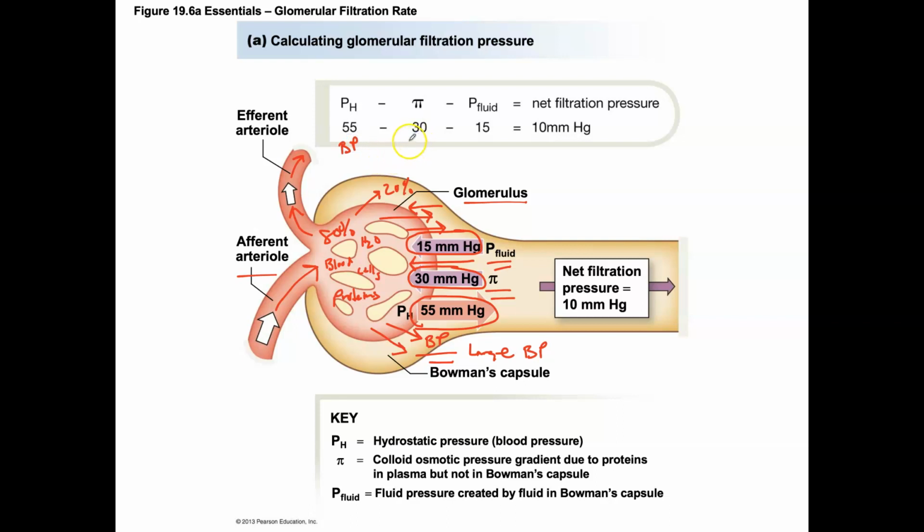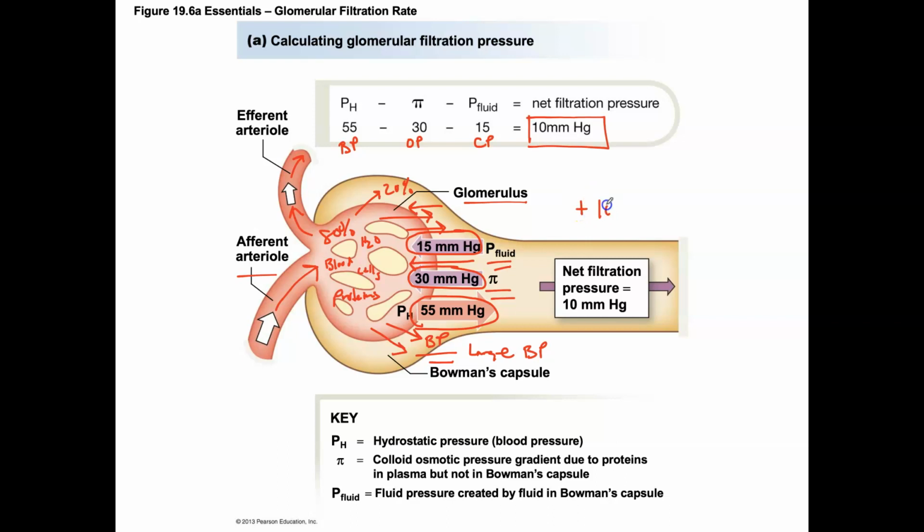We have an osmotic pressure of 30, but that's opposing the blood pressure, so it's a subtraction. We also have a capsular pressure of about 15, and again, that's negative because it's going against the blood pressure. So our net filtration would be 55 minus 45, which gives us a net filtration of plus 10.